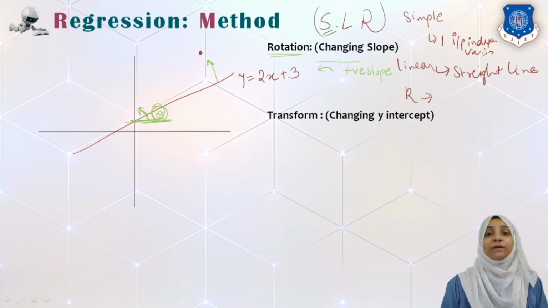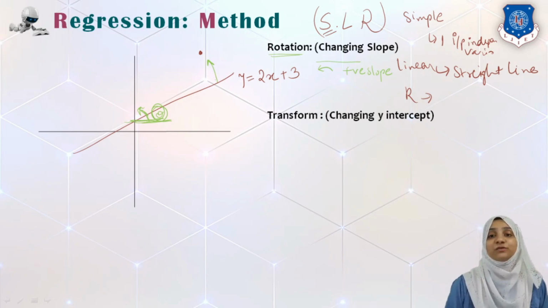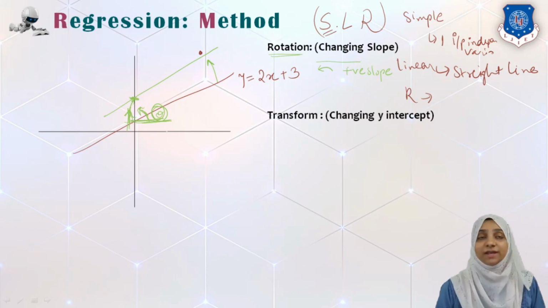So we are adding some slope to our existing slope so that this line gets closer to this particular point. Now, one thing we can do is rotate this line, and second, we can translate this line, that means we move it upward. So the y-intercept is going to change.